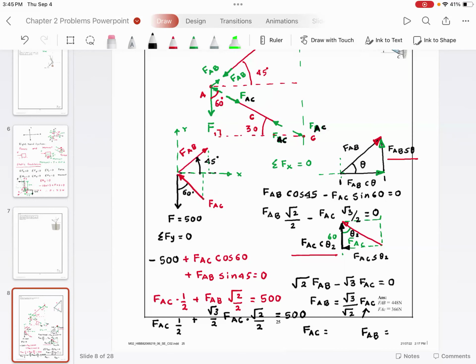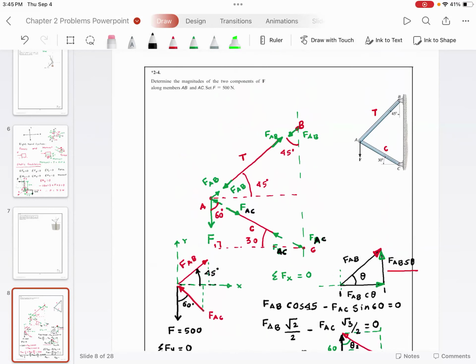There is one more way of solving this problem, and that simply is based on the triangle principle. Okay. And you know this, you have studied this.